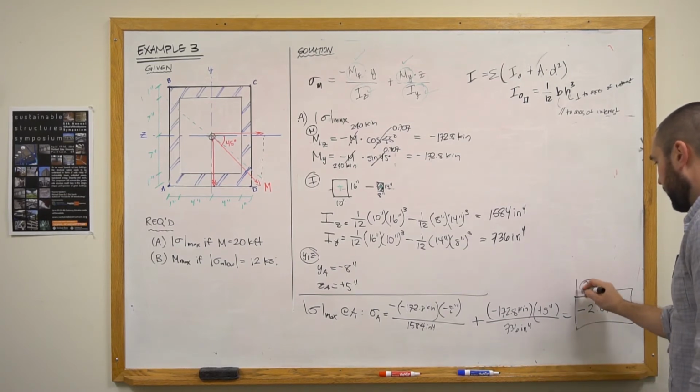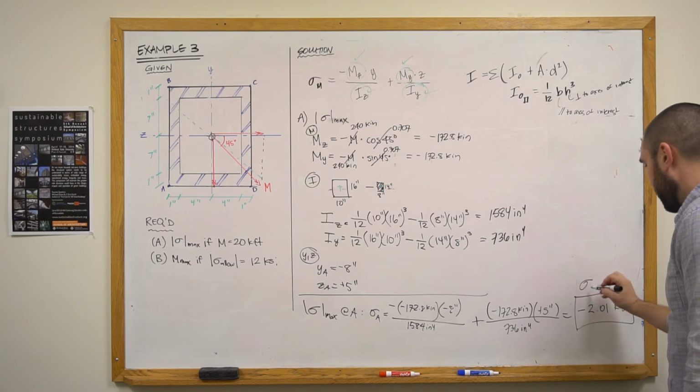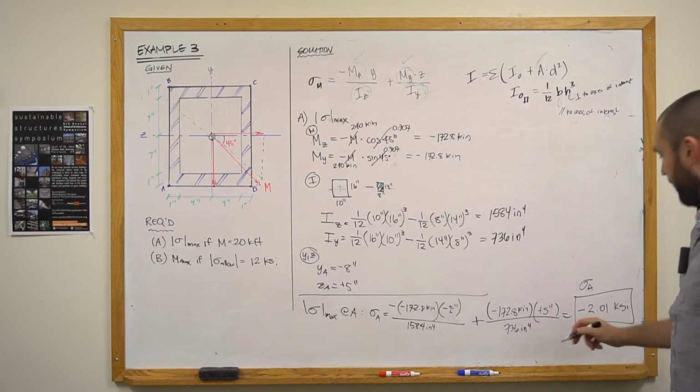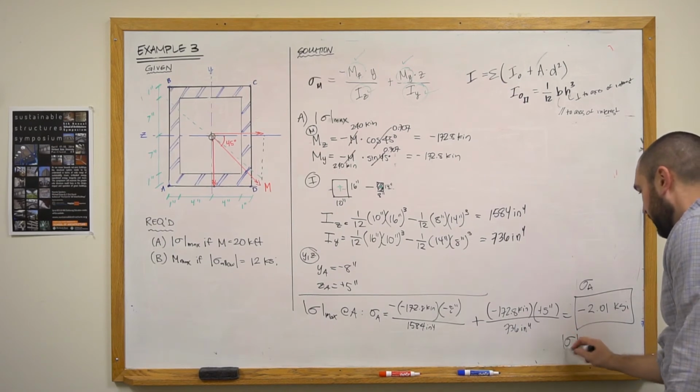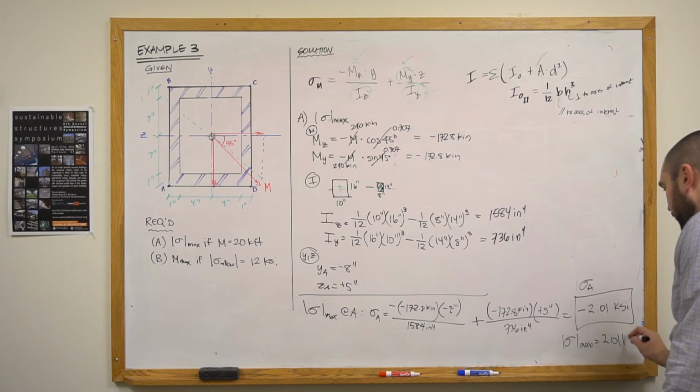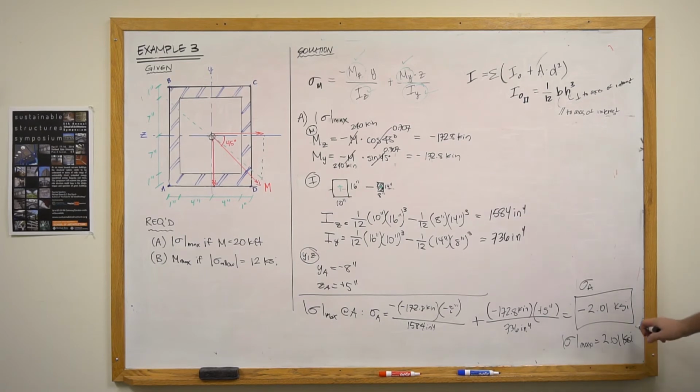And that is going to be sigma A. More specifically, to respond to that question, the maximum magnitude is just 2.01 ksi. If we were being responsive to the question, it would just be, what is the magnitude? Magnitude is always given as a positive value. But it happens either at A or at point C. Either one would have been fine to investigate what the maximum value is.